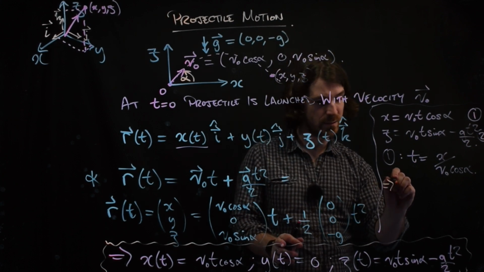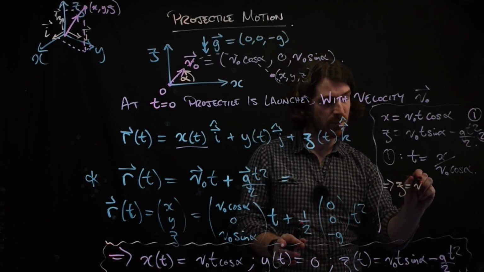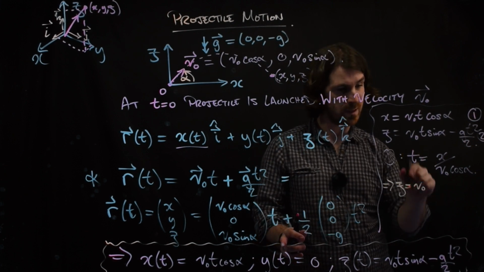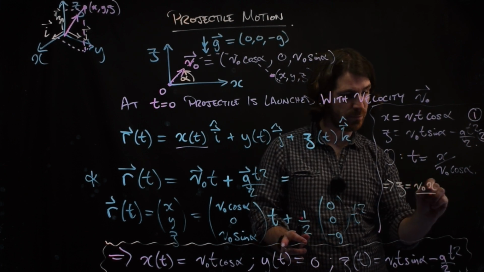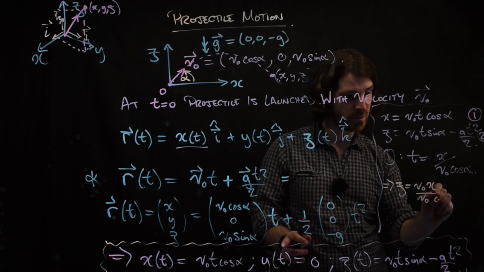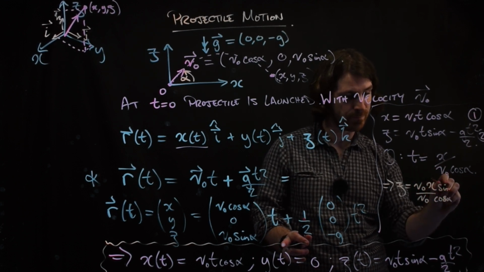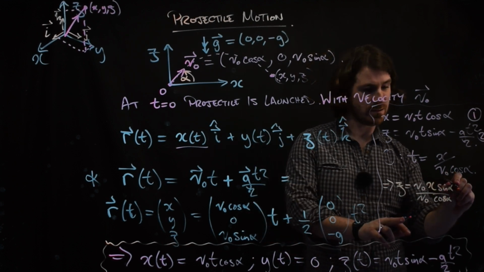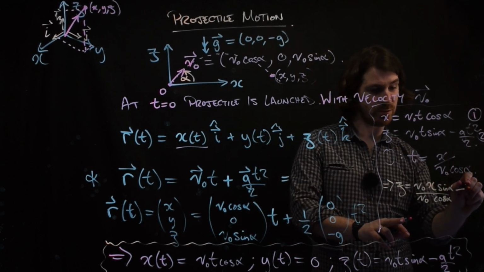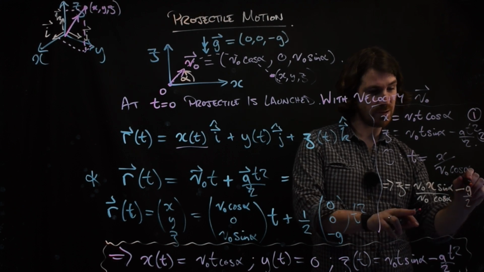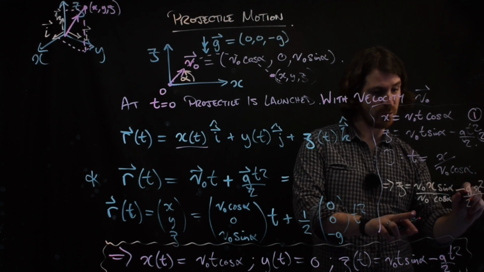This tells us that z equals v0, where t is x over v0 cosine alpha, times sine alpha, minus g over 2 times t squared, which is x squared over v0 squared cosine squared alpha.